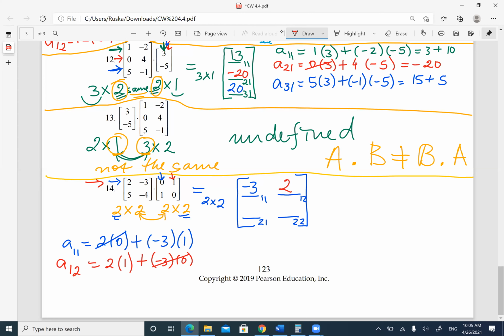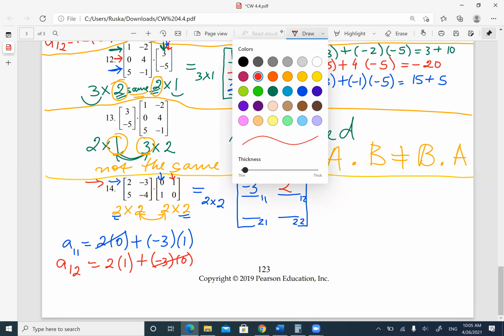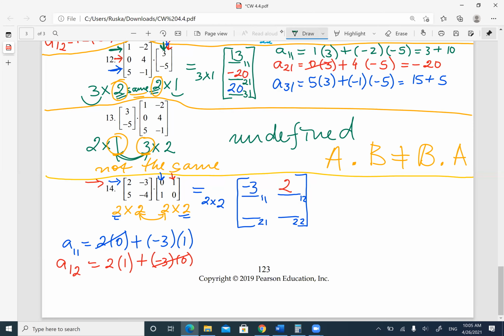Okay? Then I'm going to go to the next one, which is 2, 1. So I'm going to do second row and first column. So it's 5 times 0 plus negative 4 times 1. So that's negative 4.